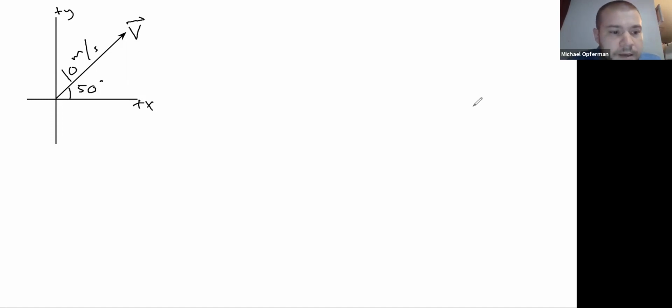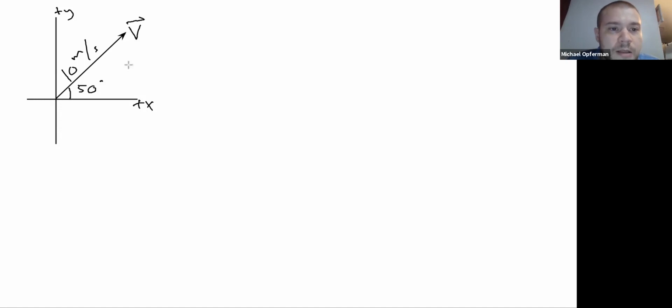Okay. Step two, I want to turn the vector into a right triangle. I'm going to draw a line parallel to the y-axis and a line parallel to the x-axis to complete the right triangle.